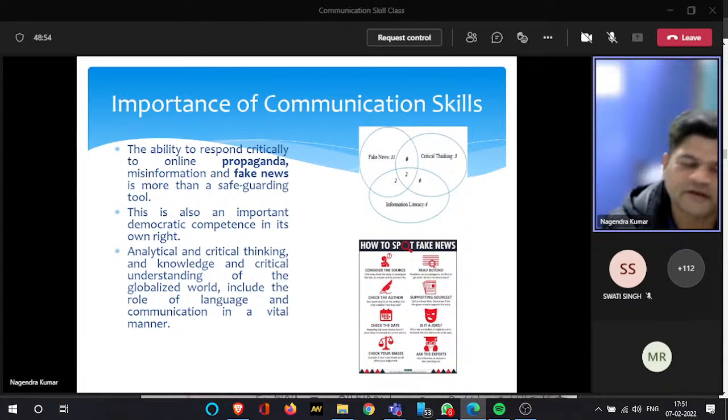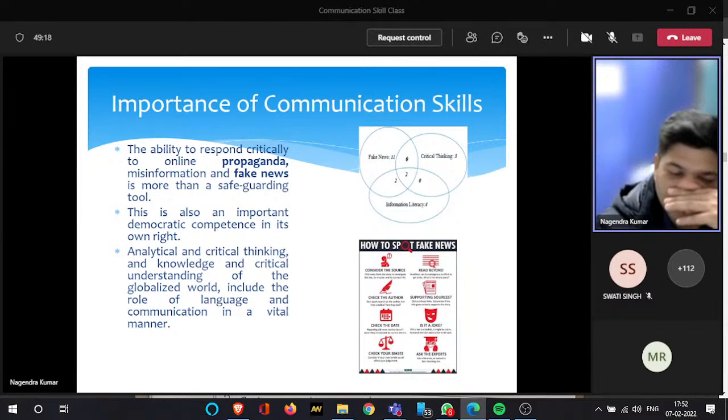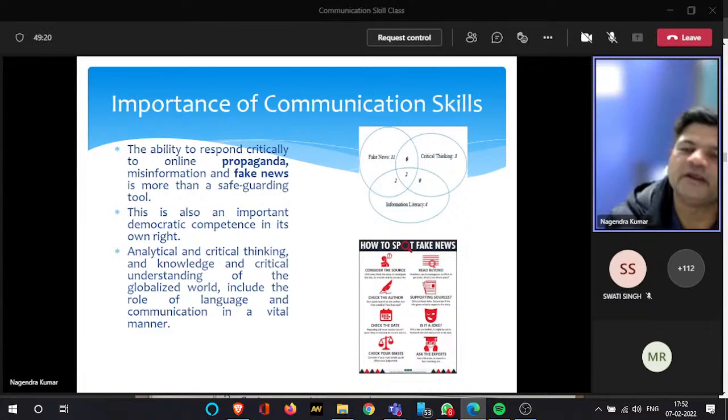We all know that media literacy also includes a certain degree of authenticity, a certain position of objectivity. Now the media houses are supposed to be objective, although I can tell you with my own understanding and experience that none of the media houses is completely objective.